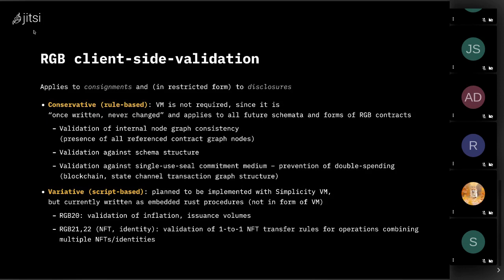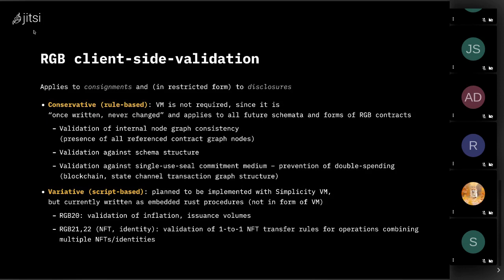The plan was that we would be using Simplicity and a related virtual machine able to process the Simplicity bytecode to do this validation. Before Simplicity is released, we currently just hard-coded it the same way we hard-coded the rules for conservative validation, and we hard-coded it only for RGB20 inflation.